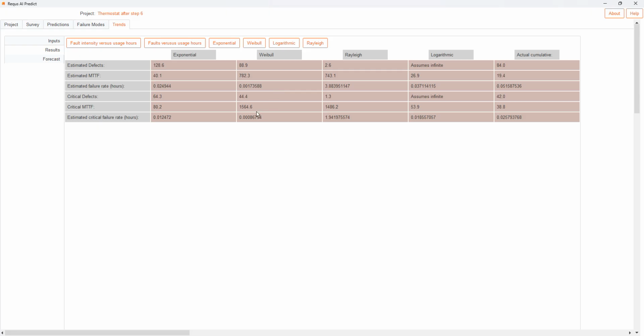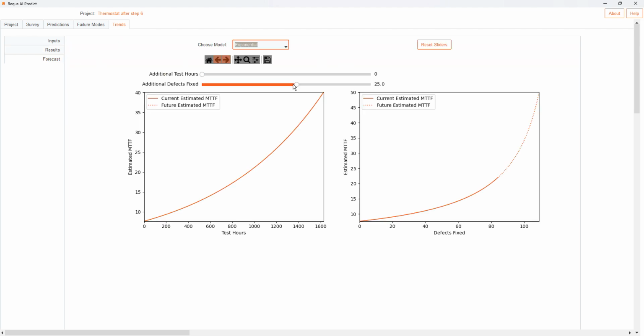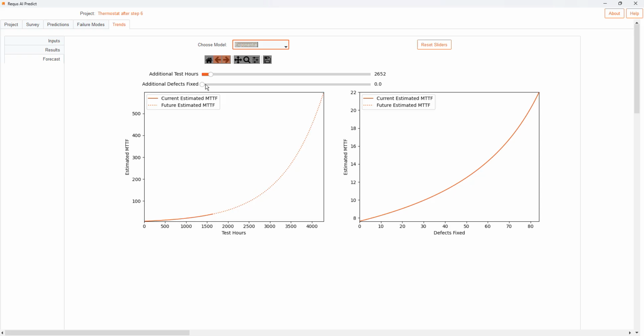So next we take a look at our models. Is our goal anywhere in the bounds of what these models are showing? And then finally, the very last thing we look at is, assuming we're not done with testing yet, is there any hope we'll meet the objective by fixing defects and testing longer? So that's something we need to look at there.